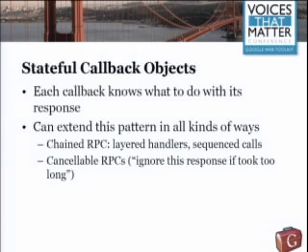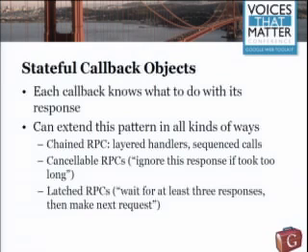You can have cancelable RPCs, where you have a timeout associated with that callback object, and if the timeout fires, you set a flag that says, if this ever comes back, I don't care, throw away the result. I don't want it to update the interface anymore. You can have latched RPCs, so you could fire off, say, 10 requests, and you only need 3 of them to come back before you update your interface.